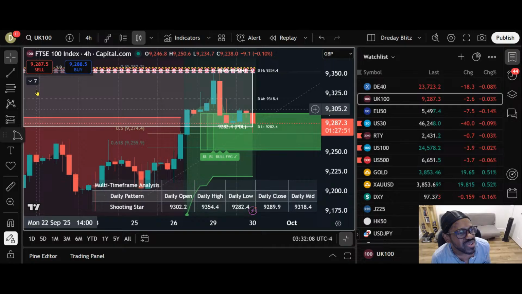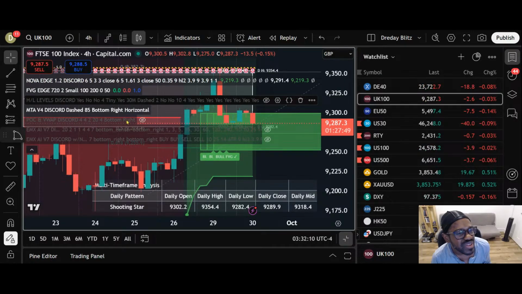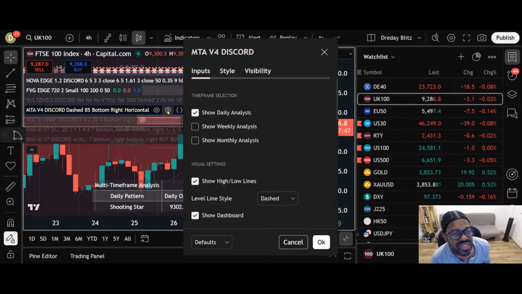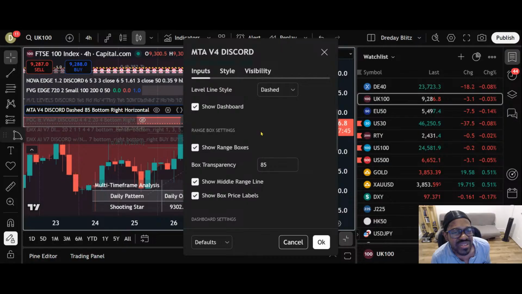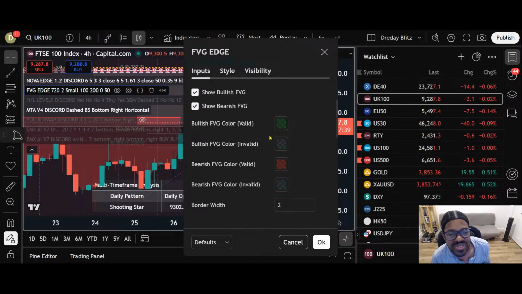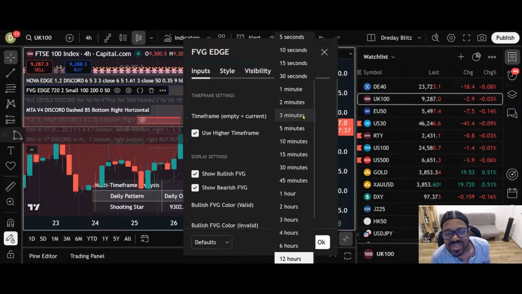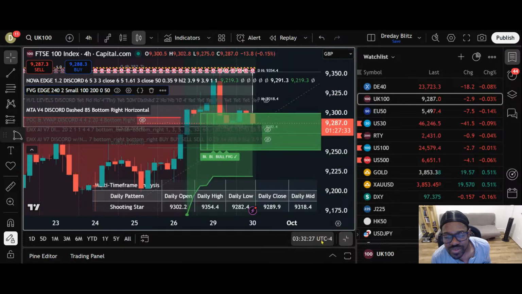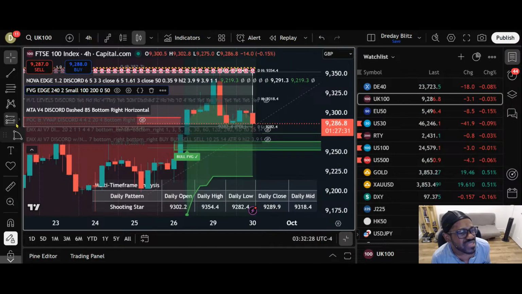So if we go lower, oops, I'm going to go back here. The fair value gap is this one. And if we look at the 4-hour fair value gap, this is what we have.